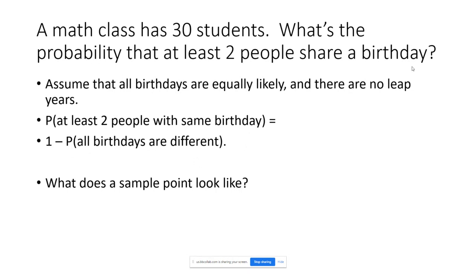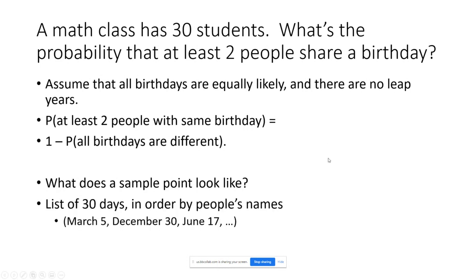Start by thinking about, what does a sample point look like? Remember that a sample point is a simple event, a value in our sample space that can't be decomposed. Well, the experiment in this case is asking 30 people what their birthdays are.